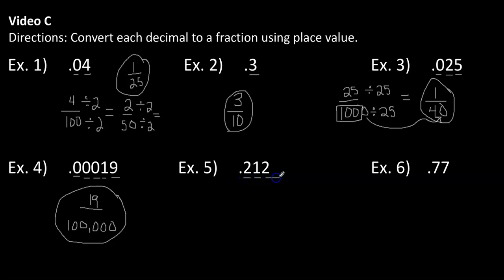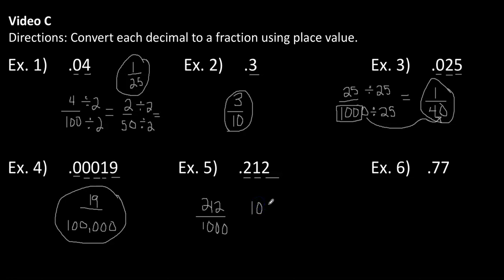Let's count the places for the next example. Tenths, hundredths, thousandths. So it's 212 over 1,000. And then I know I can divide each of these by 2 because they're both even. So I'm not going to write divide by 2, I'm just going to split it in half.